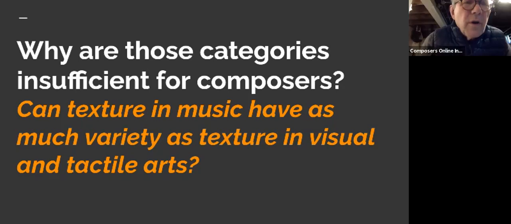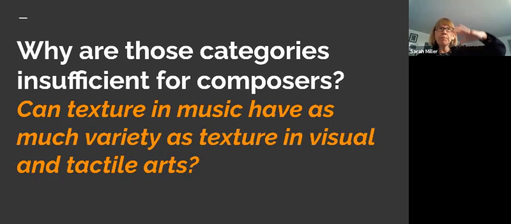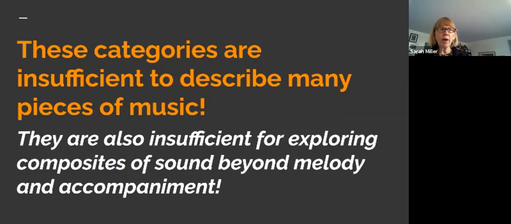We also feel it. Register and dynamics also have a role, and balance between the layers. So I think that those categories are totally insufficient for anything except passing a theory class.